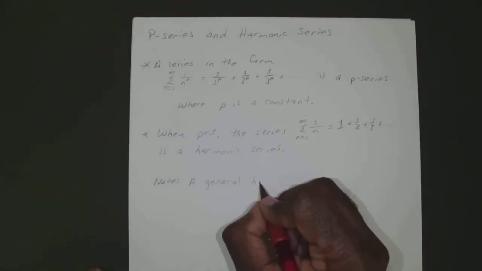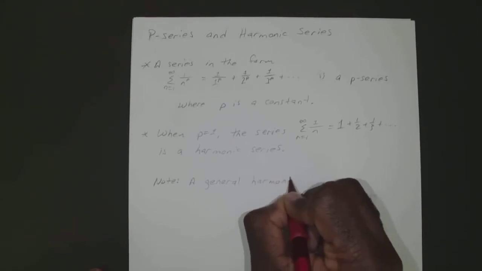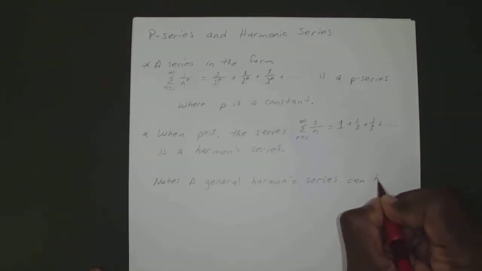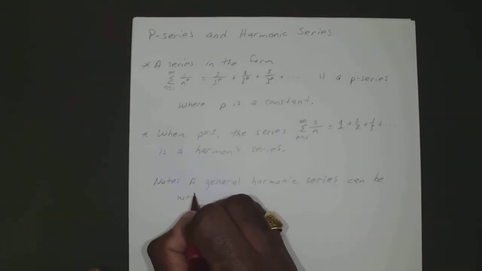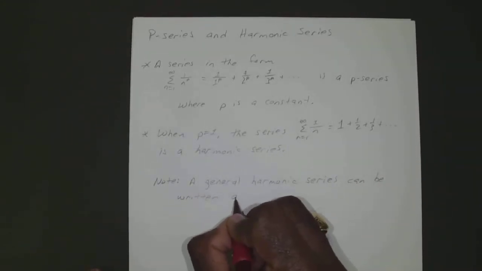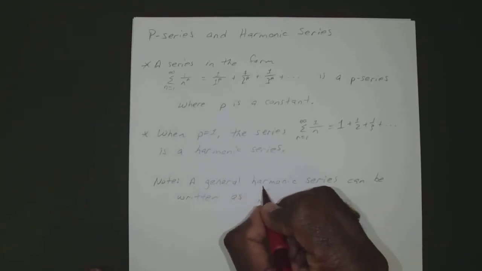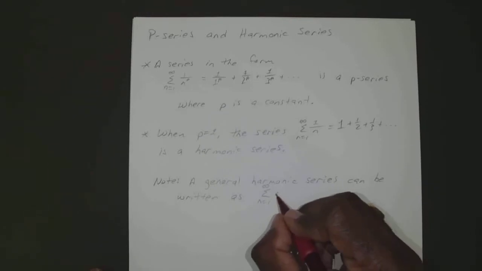So a general harmonic series can be written as the sum from n equals 1 to infinity of 1 over a times n plus b. So it can be written like that. Thing is, if n gets big enough, the b doesn't really matter.